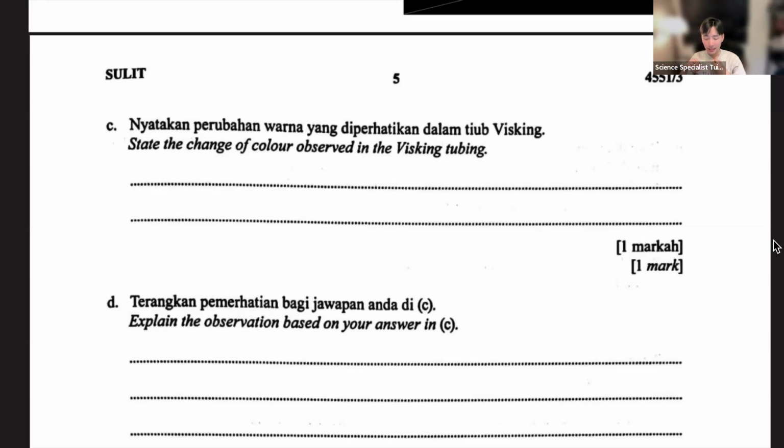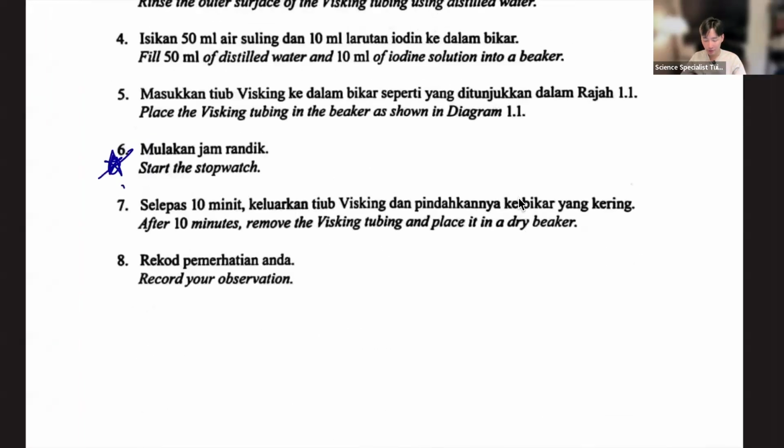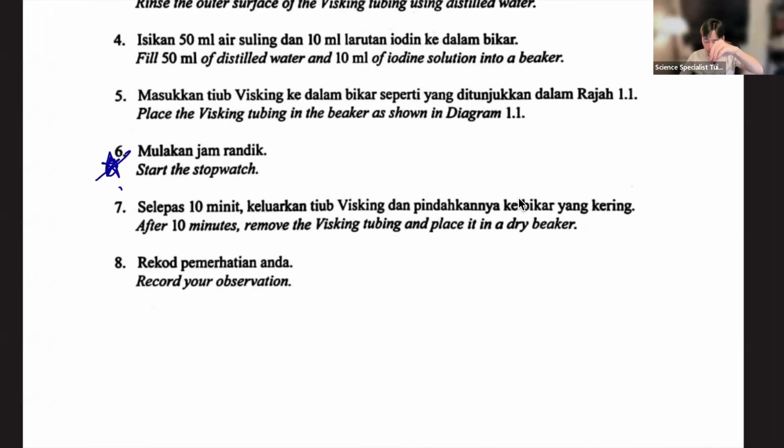Okay, what I want to say. Color change in the whisking tubing. Remove the whisking tubing means you need to pour the solution. You need to pour the solution or not? Remove the whisking tubing from the beaker and put in the dry beaker.